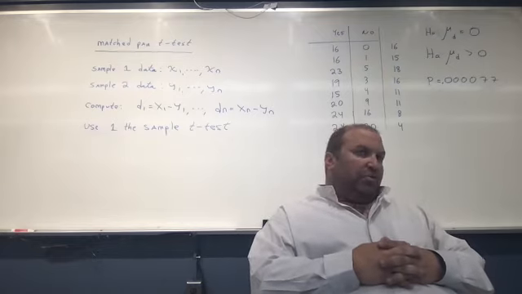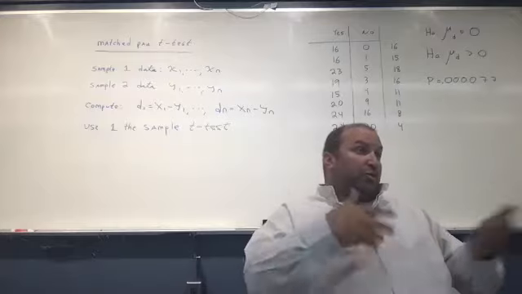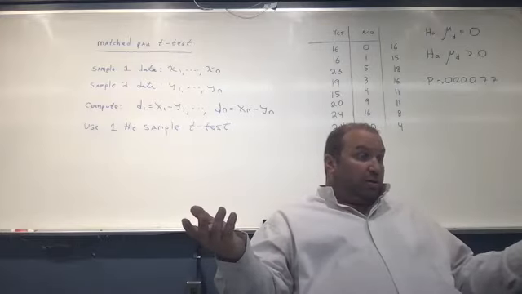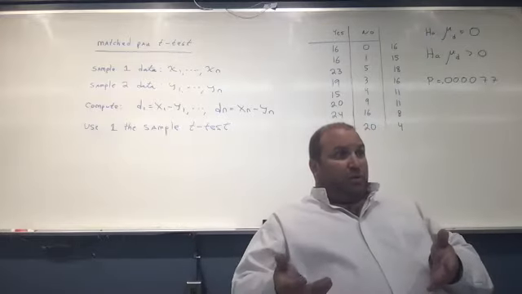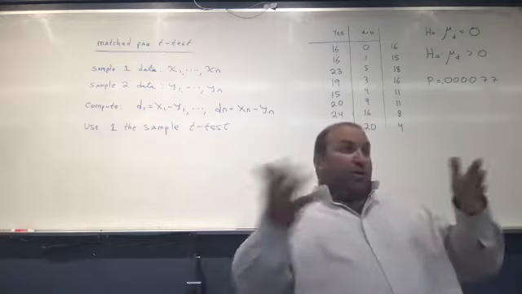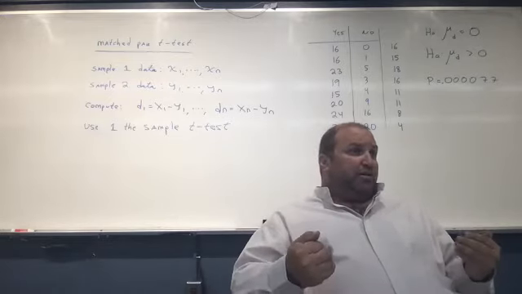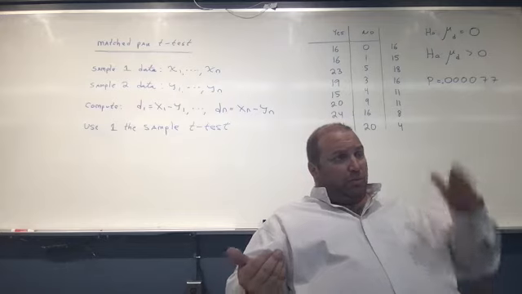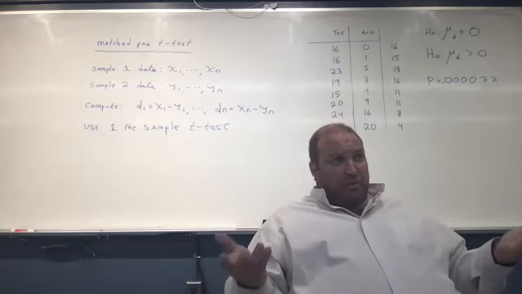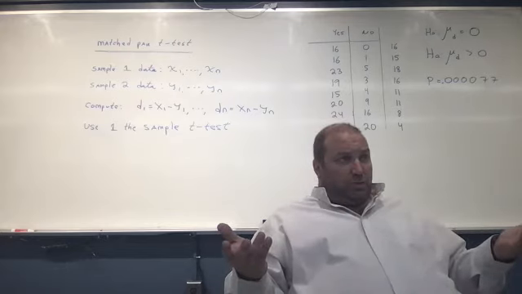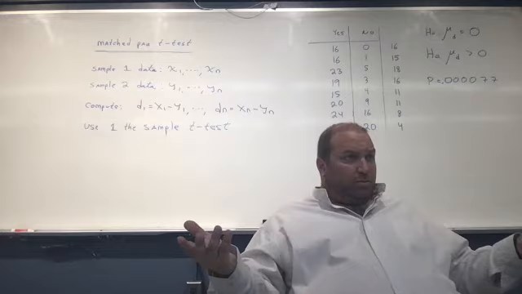If it didn't lose sweetness, then it should be the same, and therefore the mu should be 0. So the question is, if it did lose sweetness, should these differences be greater than 0 or less than 0? Well, if it lost sweetness, the after number is smaller, so before minus after will give us a positive number, and therefore it will be greater than 0.